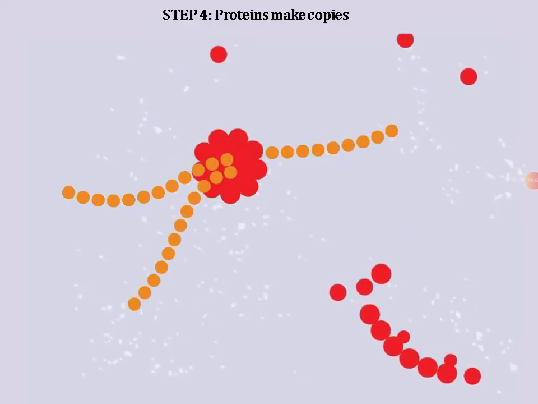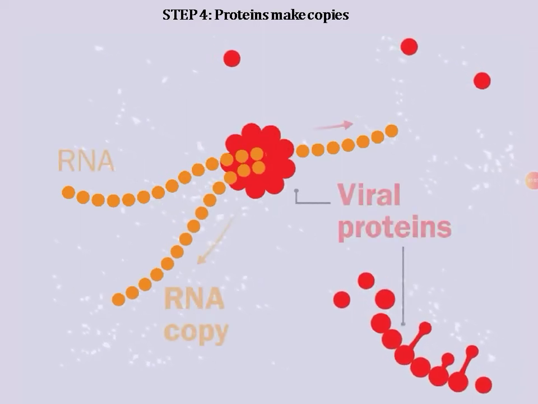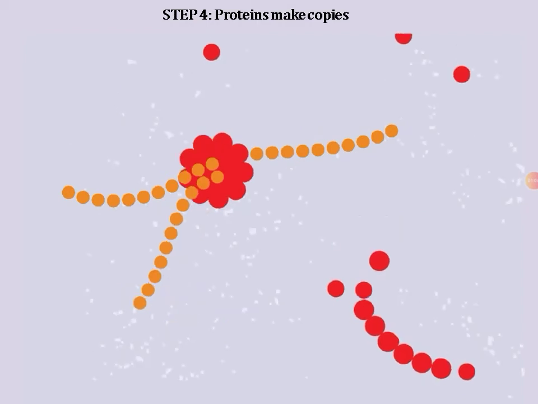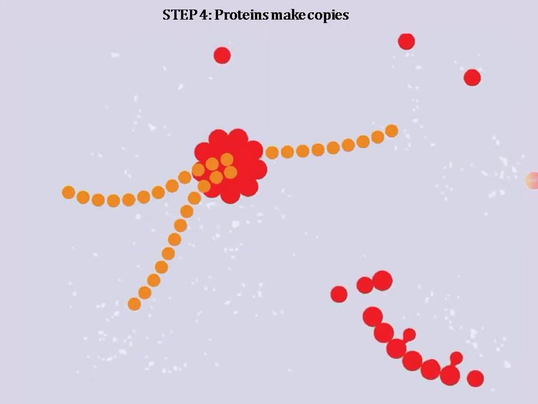Viral proteins are needed to make copies of the viral RNA as well as other parts of the virus like the outer spikes and membrane. As more proteins and RNA strands are made, they proliferate, making exponentially more copies that fill up the cell.